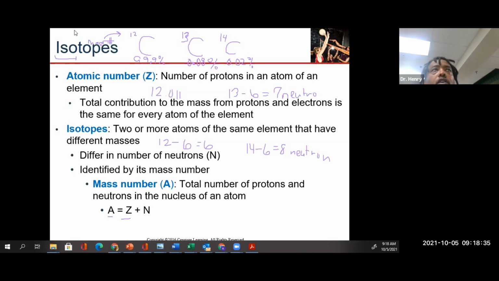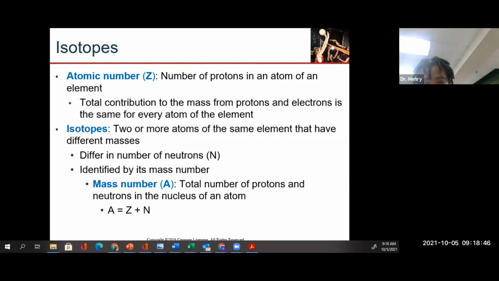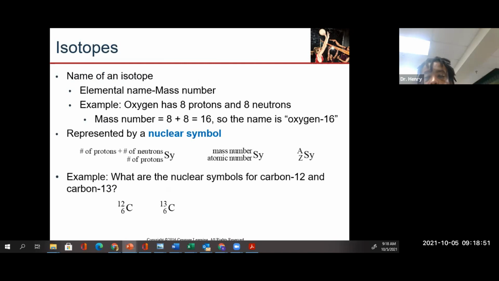Okay, so these again are called isotopes. Now, there's a couple of ways of writing isotopes. One is the way I wrote it up here. Another way is to write it like this. Let me clear my screen. Okay, so here, we can write it like this. So carbon 12, and then here would be the atomic number.